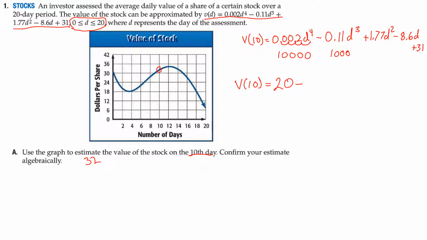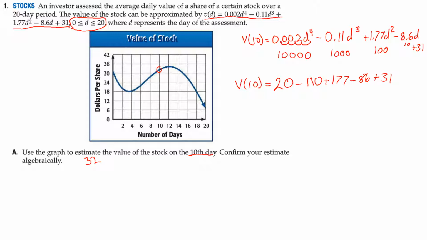So when I move it over 3 places, I'll get 110. And then this one is going to move the decimal place over 2 places because this is 100, and I'm going to get plus 177. And this will move the decimal place over by 1 place because that's 10, minus 86 plus 31.